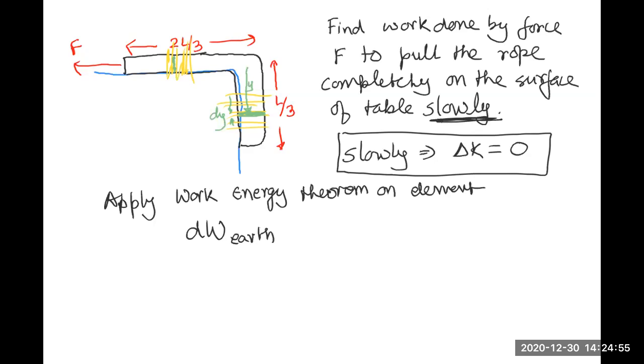So dW earth. This is a series of mathematical steps which you guys have to understand. So let me just write it first. dW earth is equal to minus dm g y.